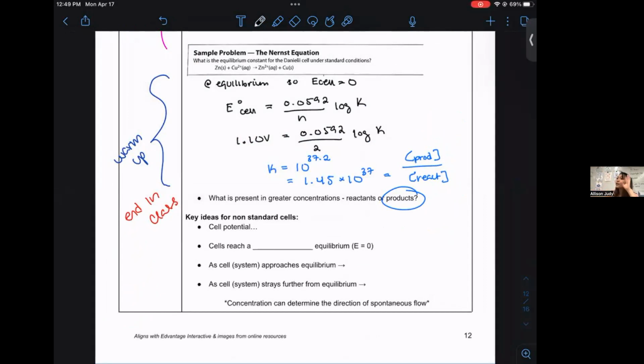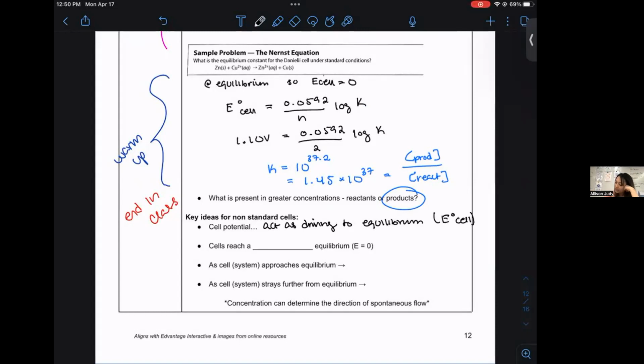So the more your non-standard E is away from your standardized E value, the more transfer you're going to have until you get to that equilibrium point. So cell potential can act as a driving force to equilibrium. You want to get to E naught cell.